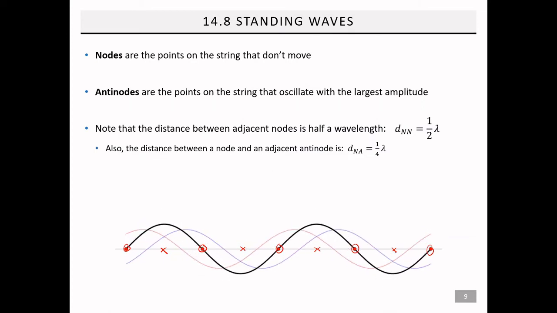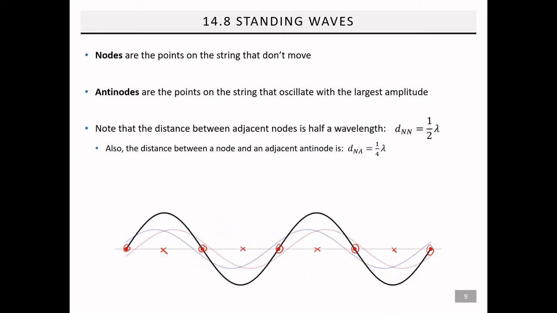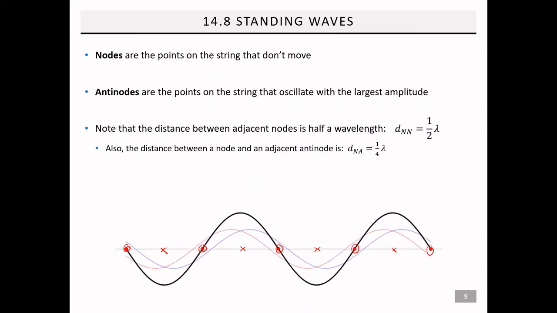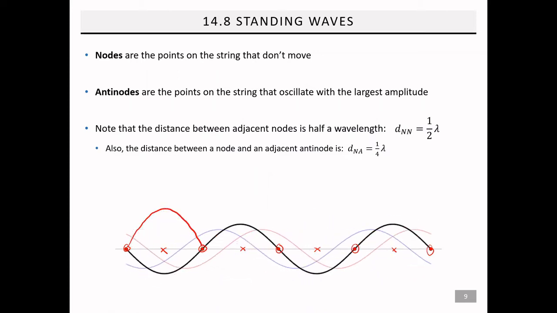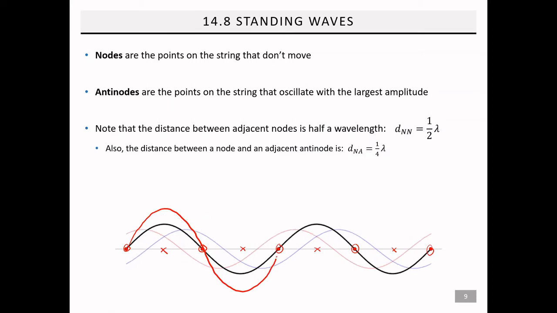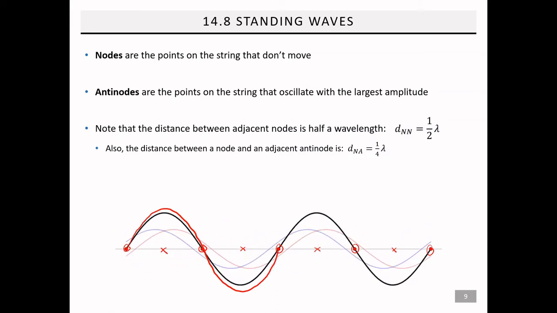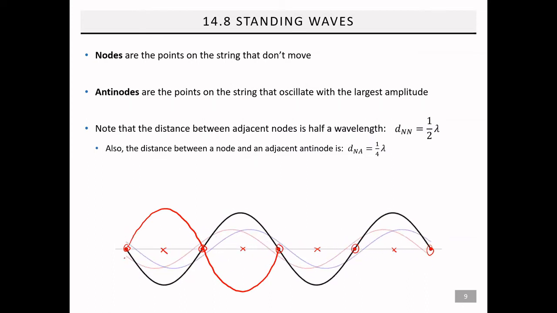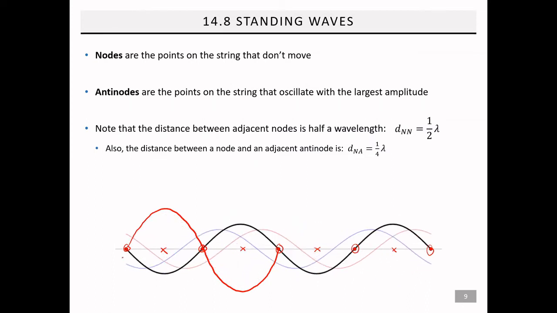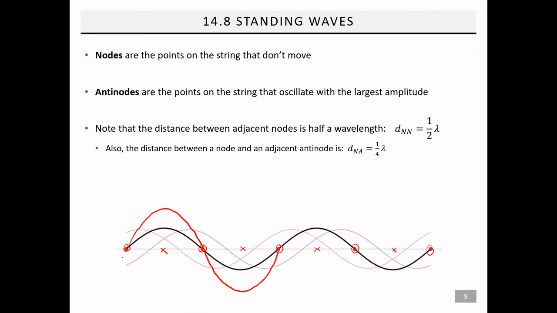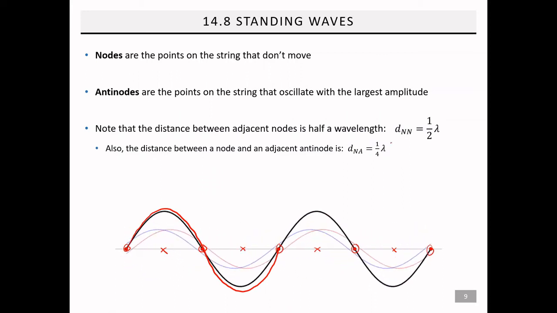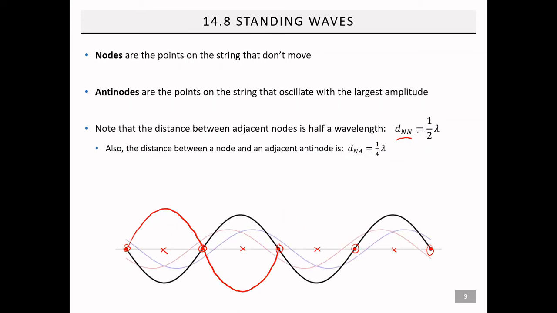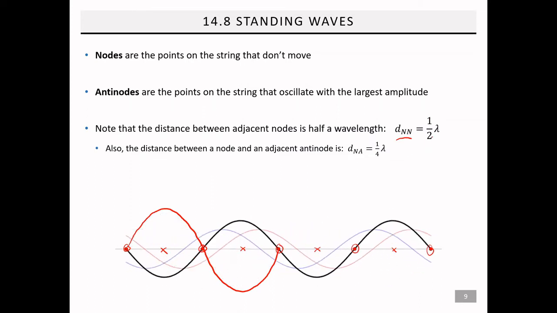So notice that the distance between two adjacent nodes is half a wavelength. Let me just draw a wave here. So here I've drawn a full wavelength of this wave shown at the bottom. The distance between two of the red points is 1/2 of the full wavelength. So we would say that the distance d between two nodes, d_NN, is equal to 1/2 times lambda.